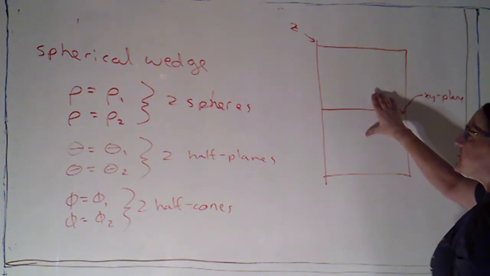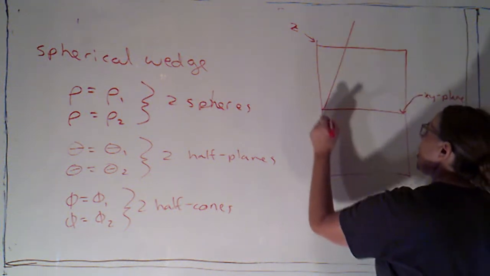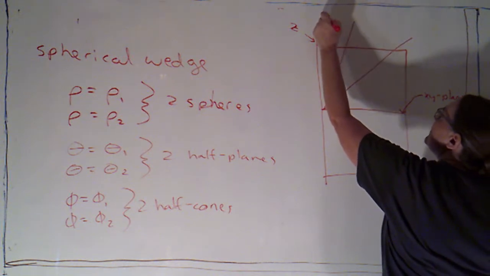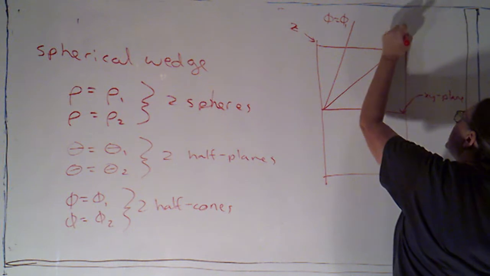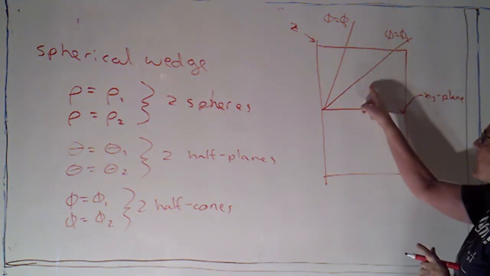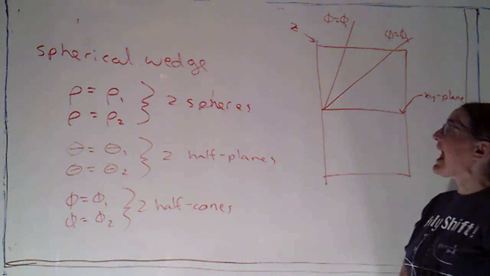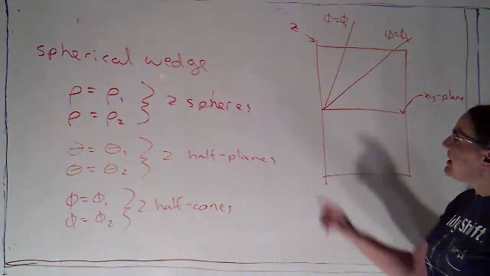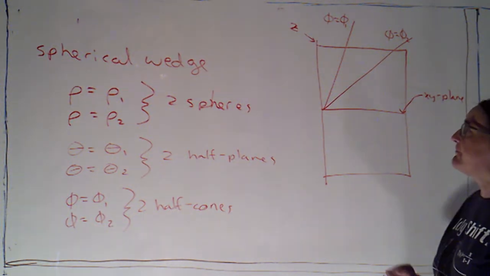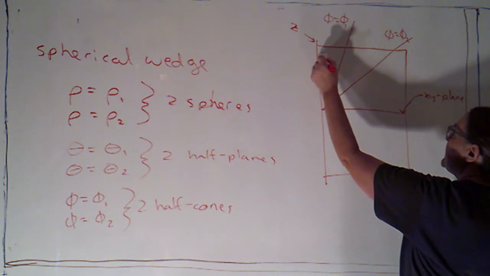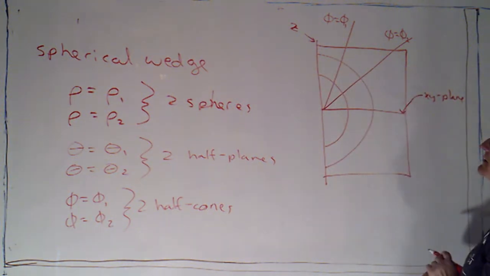Okay. So just in there, if I had two half cones, so this would be phi equals phi 1 and phi equals phi 2, these rays are the intersection of a half cone with my half plane. If I look at the intersection of my spheres with the half plane, the intersection of a sphere with a half plane is just going to be a semicircle like so.